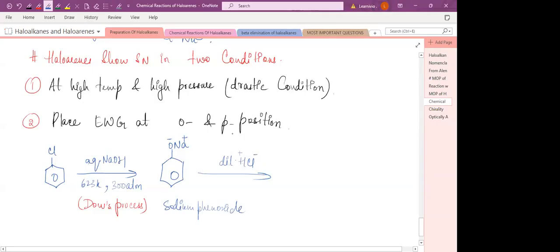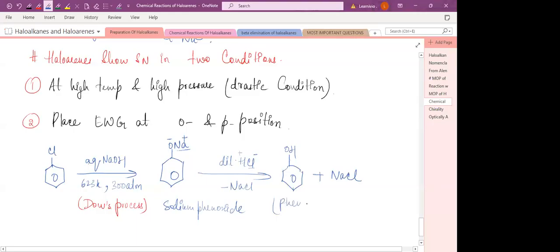This H plus ion will attach to this O minus, so it will give you phenol. What will it give you? The product will be phenol, and the sodium and the chlorine bond with each other and give sodium chloride. So sodium chloride will be removed and you will get phenol.